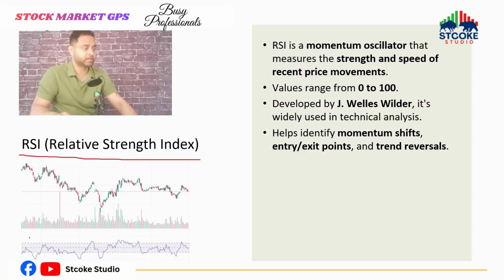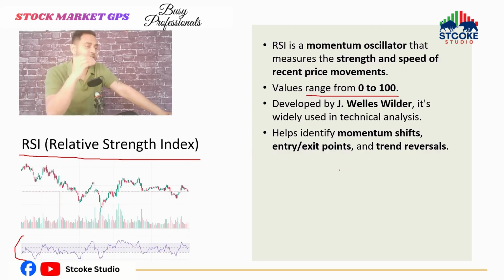Okay. So RSI looks something like this. I will explain what RSI is and how it is following the price movement as well, and what are the zones that are important for RSI. So RSI values can vary from 0 to 100, right? From 0 to 100. However, we will mark certain zones on the RSI chart to clearly help us decide that if RSI is above a particular value, it's high momentum.